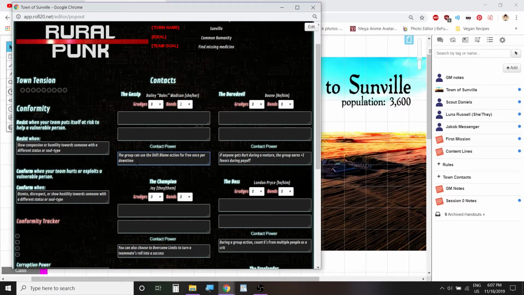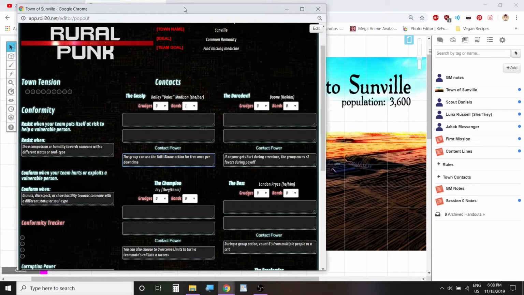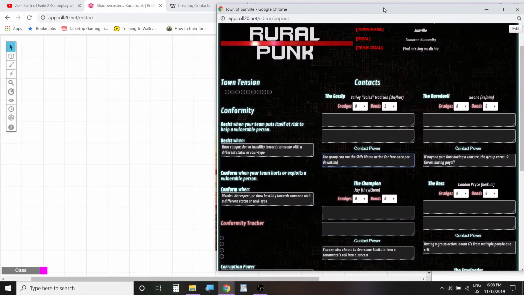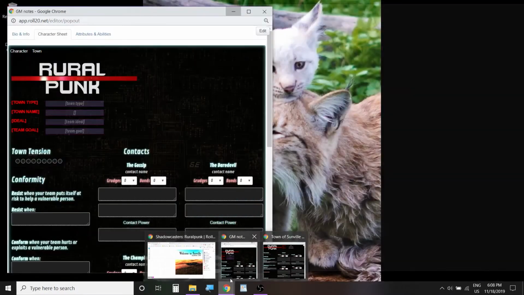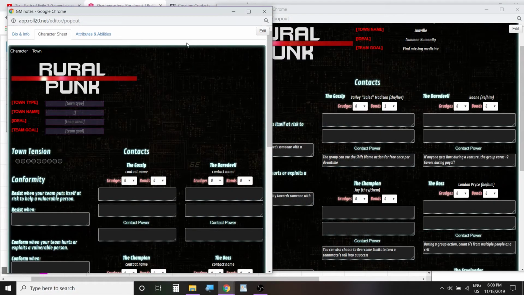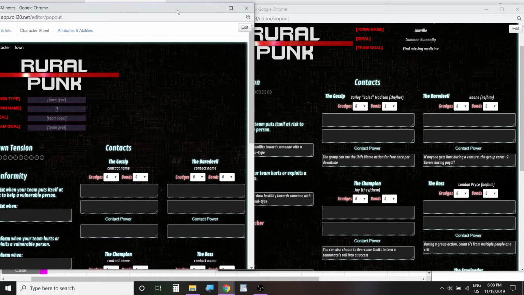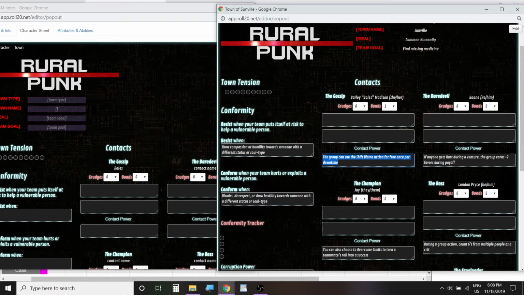So what we're going to do is, to start with, I'm going to mostly rely on some of the traits that are in the default book to start filling in. So I have a blank town sheet over here that is just for the GM. So I can see for this one, I want the contact name to be Bales, and the power is Shifting Blame.